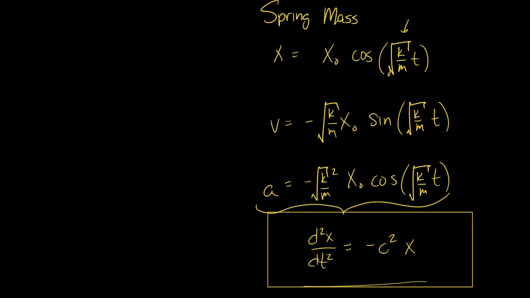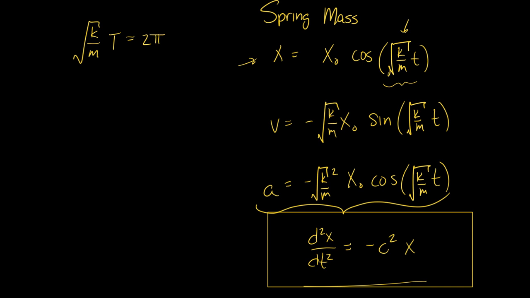Moreover, this tells us something else. When is cosine equal to 1? When the inside of this goes by 2 pi, right? So that means my system repeats when this equals 2 pi.